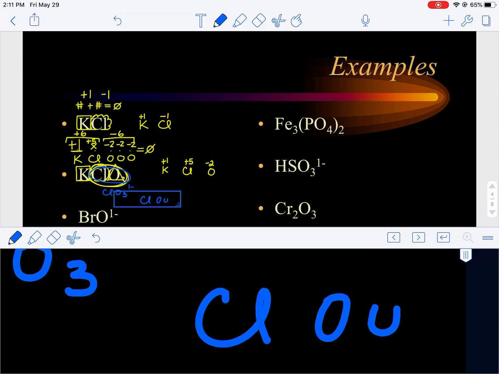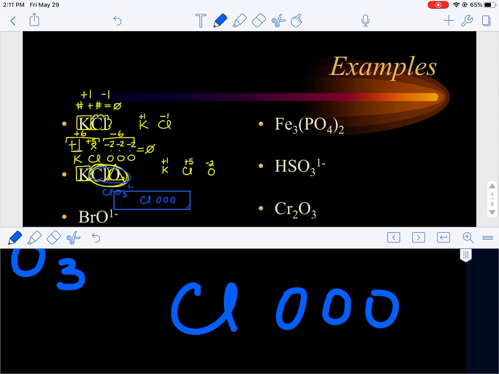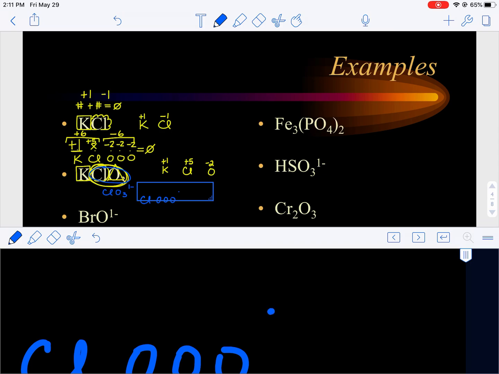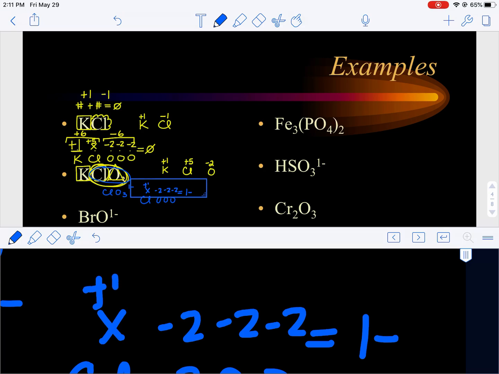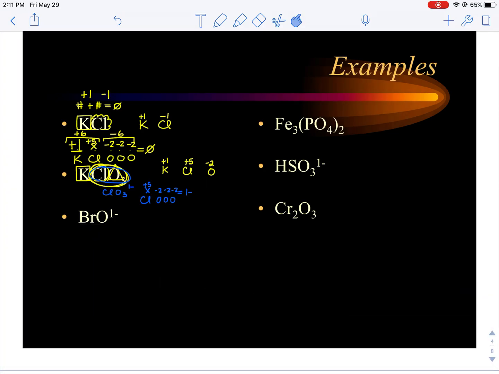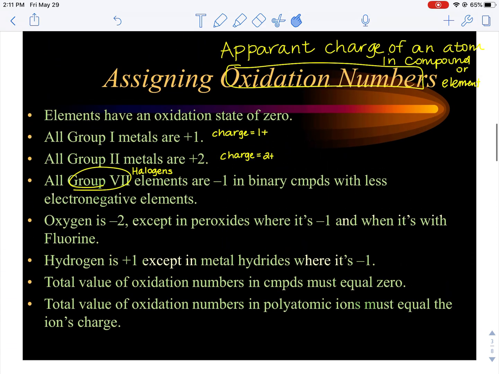In other words, the chlorine and 3 oxygens, their oxidation numbers are going to have to sum up to be a -1. Again, we know the oxygens will be all -2. What must the chlorine have to be? Again, a +5. So when you go back to those rules, the way I've done the first 2 problems is I've emphasized the fact that the value of the oxidation numbers of the compounds must equal 0.